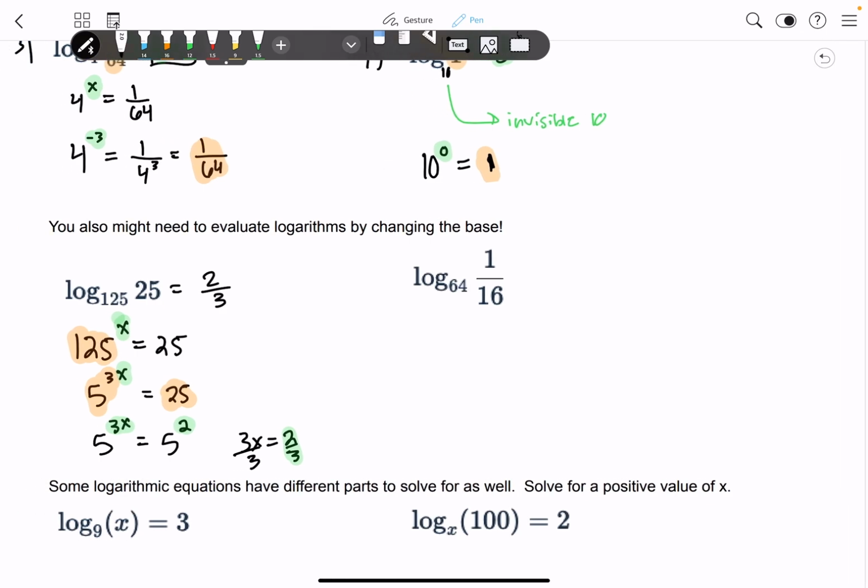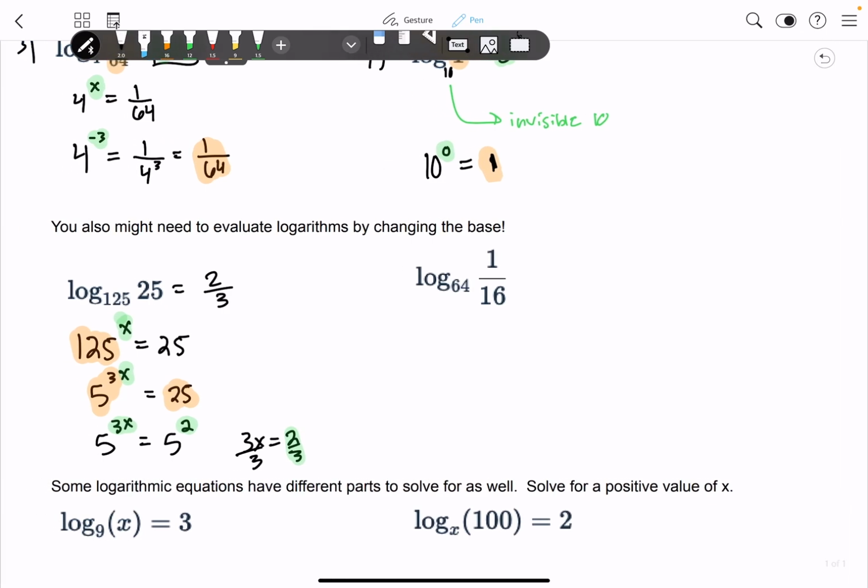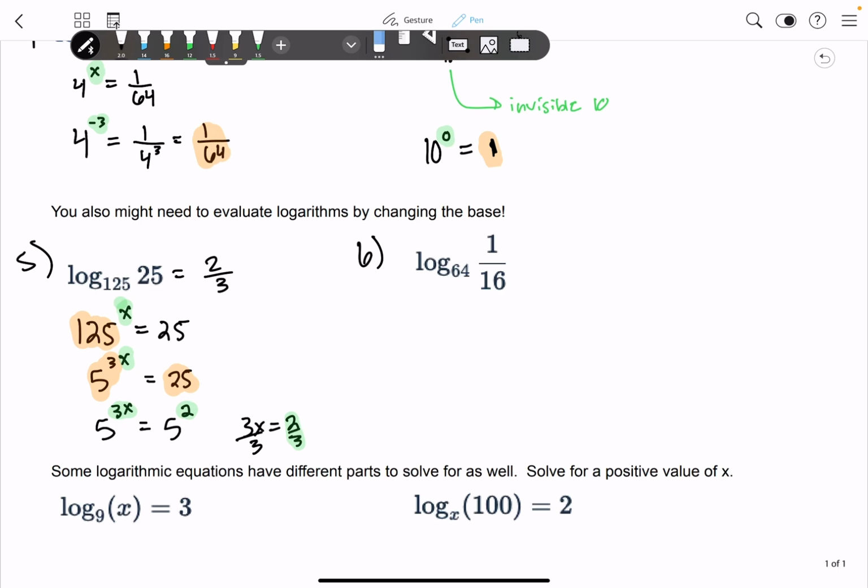Cool. So I think number 6 is the same way. I haven't actually worked this out ahead of time. But our base is 64. We don't know what the exponent is, and we're trying to have it equal 1 over 16. So I know I'm going to have a negative exponent, and I'm going to have to change the base so that I get them in the same base.